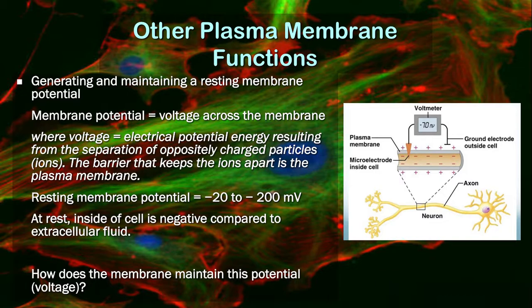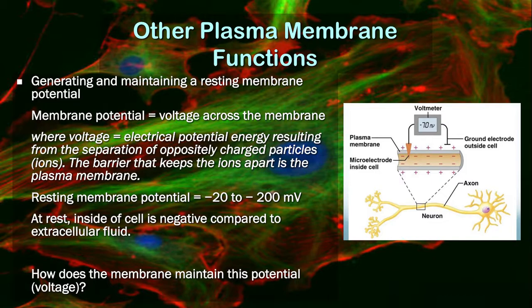So a resting membrane potential means that if you were to measure the voltage across this plasma membrane, let's say you take a little electrode and you measure from out here to inside the cell, your little voltage meter is going to register a difference.